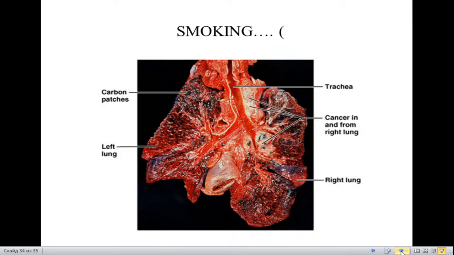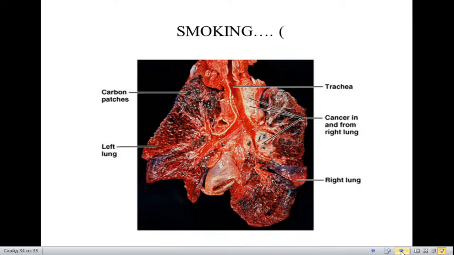And one more very important, very terrible problem is smoking. Here you can see the cross section of the lungs with carbon patches, with cancer of the right lung.